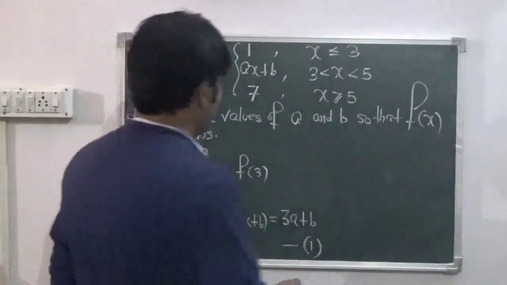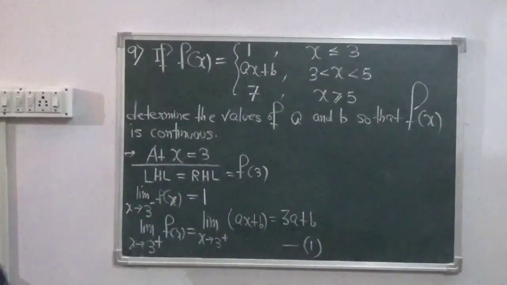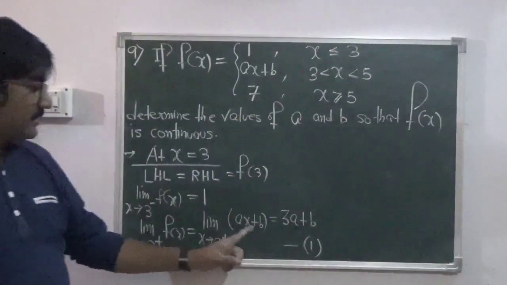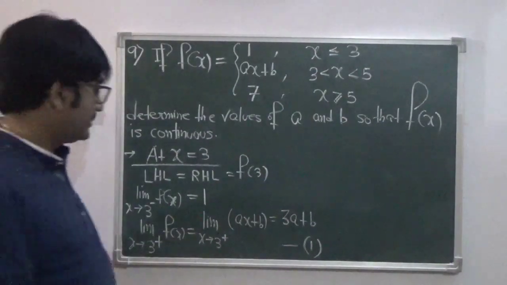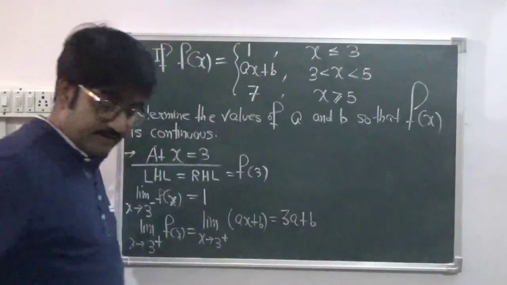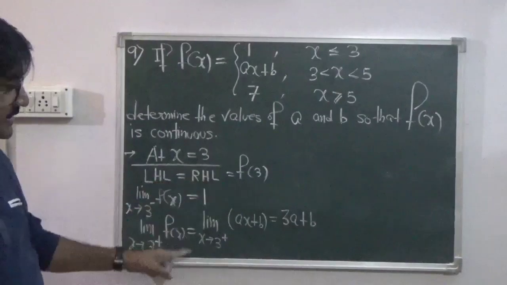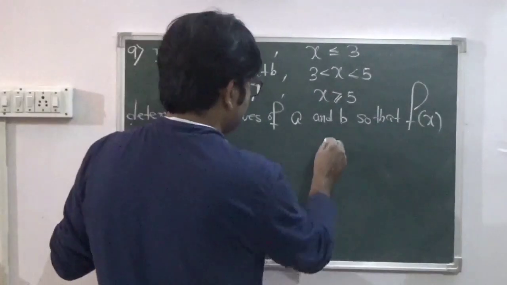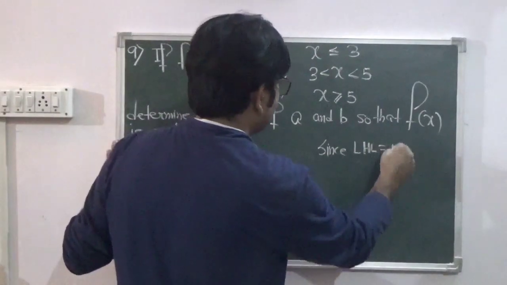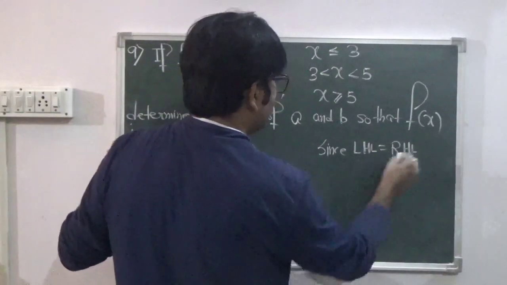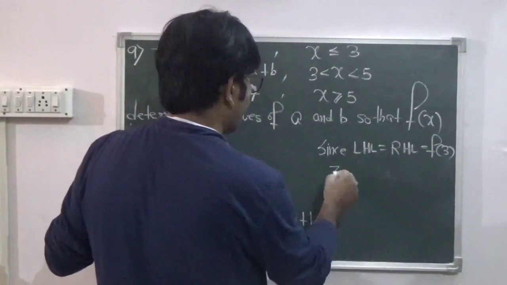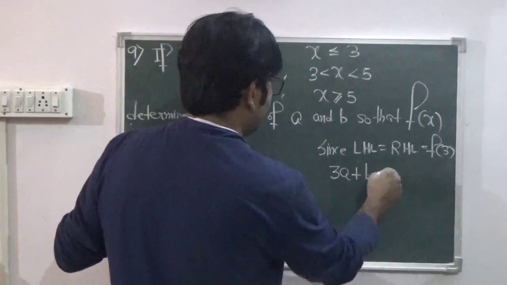Now, so at one breakpoint, that is at x equals 3, we got a relation. Sorry, not yet, this is not 1. Since the left hand limit and right hand limit are the same, and equal to f of 3, we have 3a plus b equals 1.